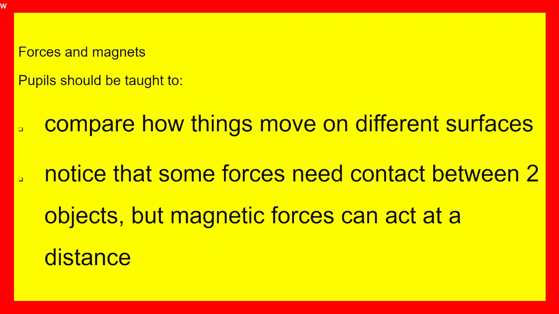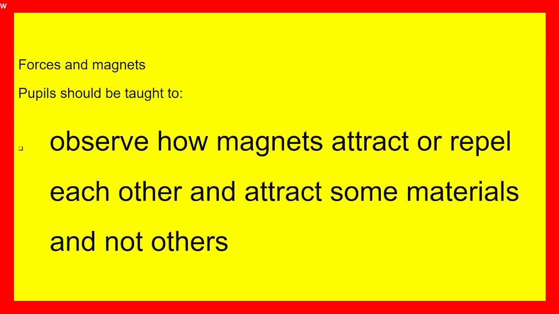Notice that some forces need contact between two objects, but magnetic forces can act at a distance. The children should be taught to observe how magnets attract or repel each other, and attract some materials and not others.